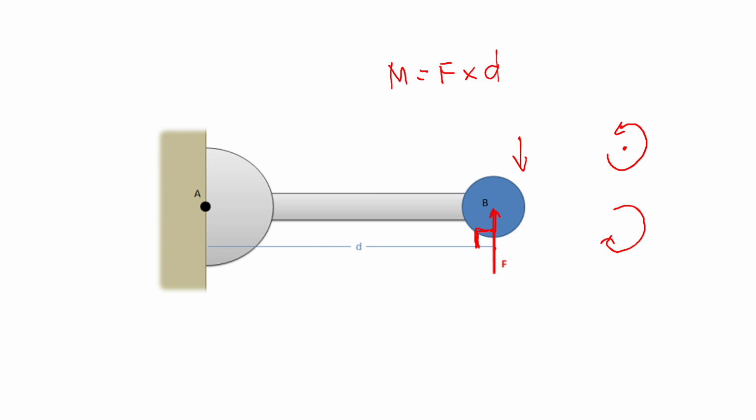A counterclockwise rotation would give a positive moment, but when it is clockwise rotation, it will cause a negative moment. Again, if it's counterclockwise, it's positive. If it's clockwise, it's negative.